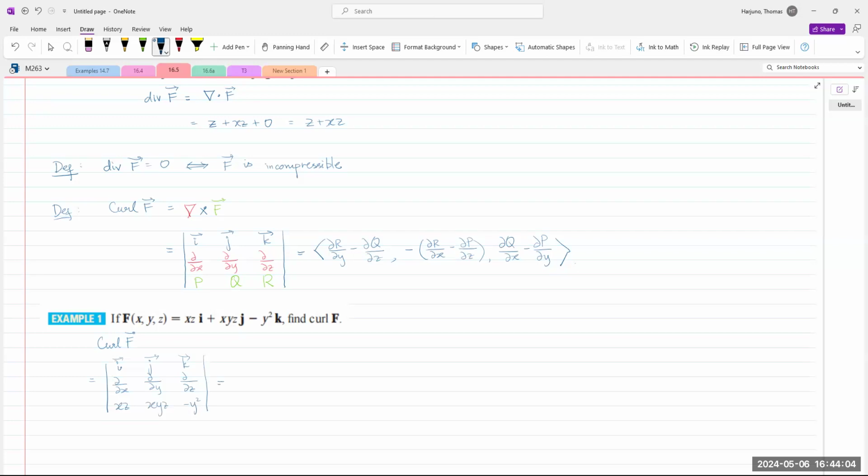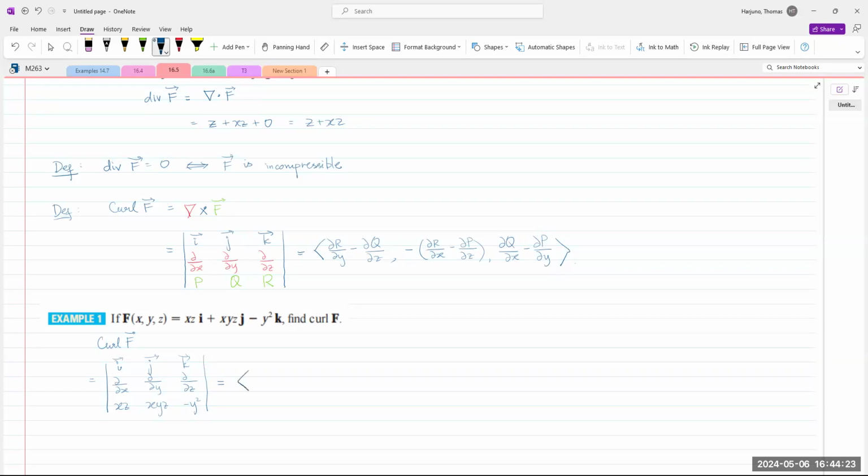Now I'm not really that picky anymore at this point. You will have this type of question in your test or in the final, but I still strongly suggest that every time you work with curl, because it's a cross product, you write down this determinant here.